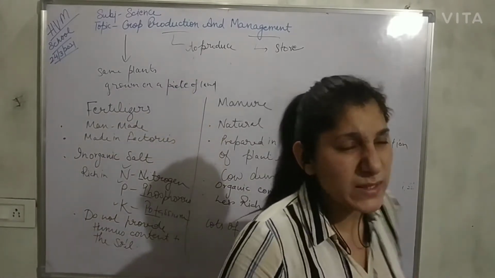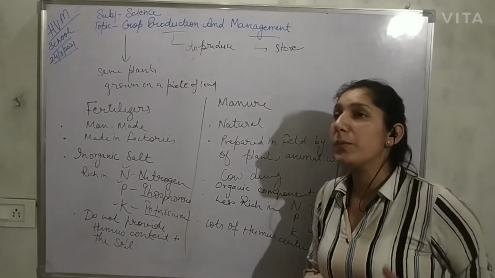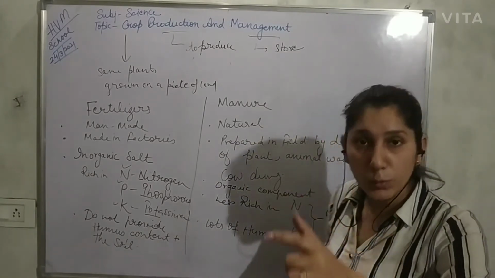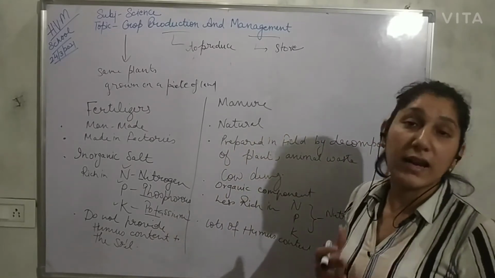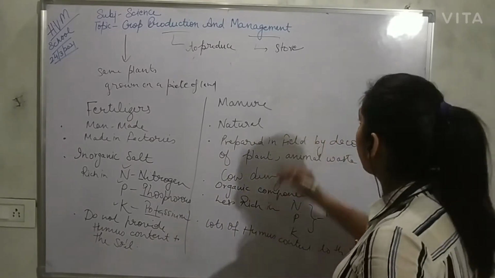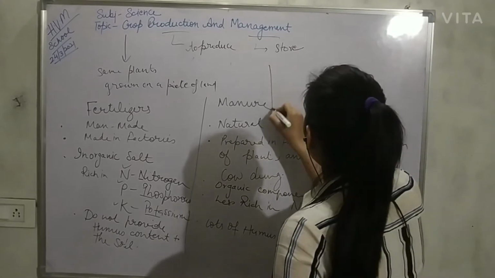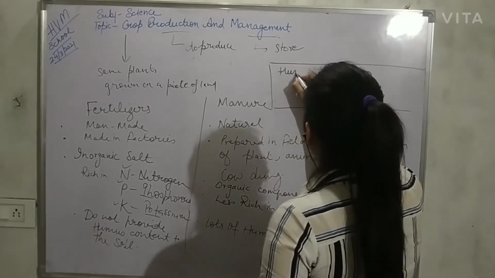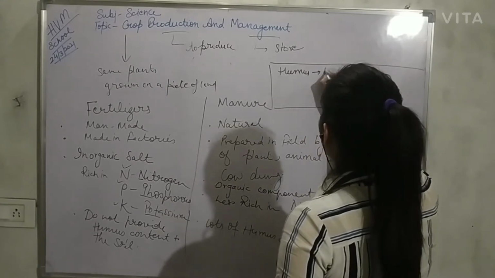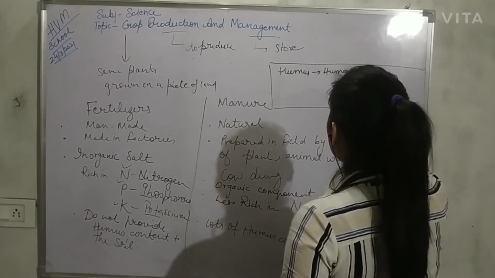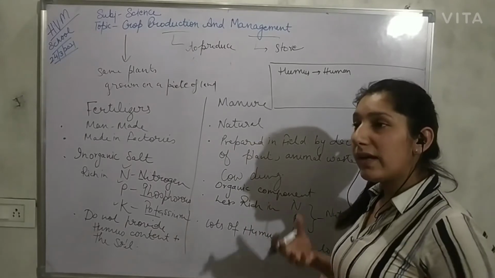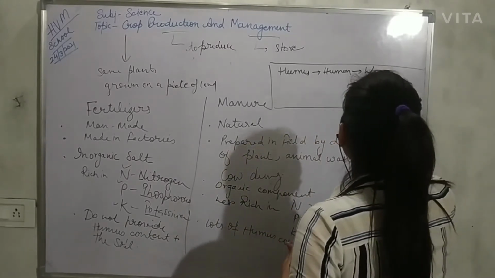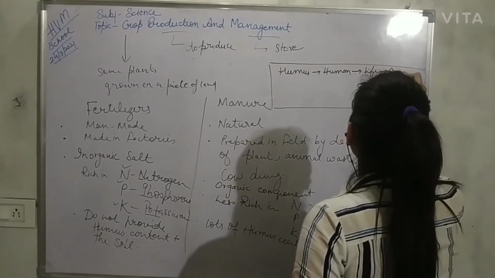So what is humus content? The word humus has come from the word human. Let me write it here. In humans, we know that there is life. Human means life, and life means organic.